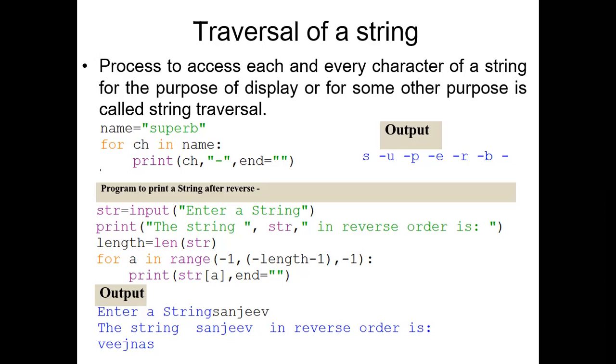We have already traversed through strings, but unknowingly. When we talked about sequences and we learned for loops, we learned traversing in the string. For example, to traverse through a string variable named name, which is superb, we can write for ch in name, and over here ch will take each and every character of the string.